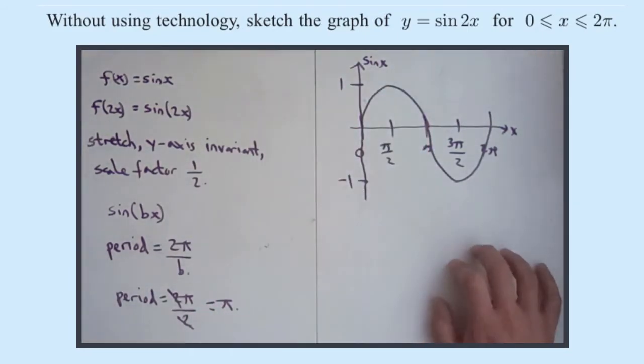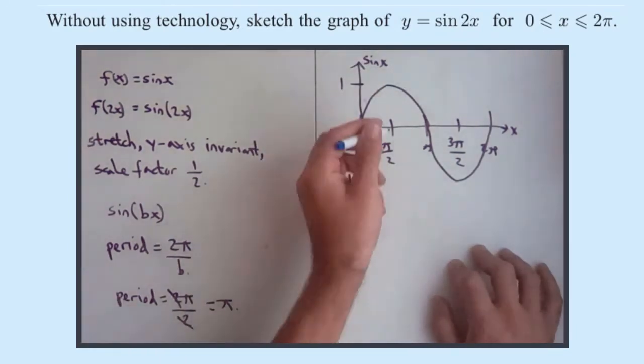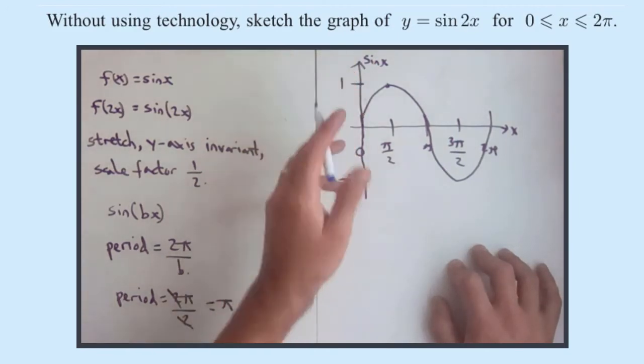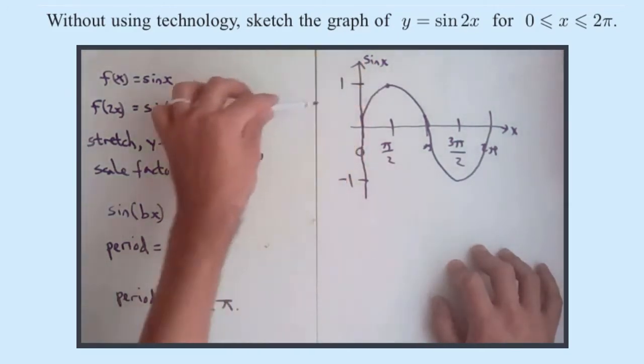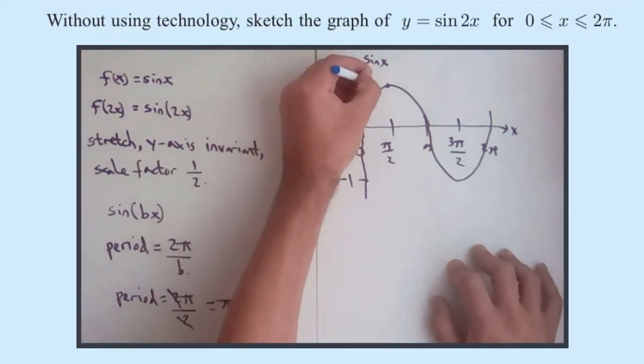If you think about it in terms of the invariant line, if we pick key points, remember we've got a scale factor of 1/2, so this is the invariant line, the y-axis. Say we take this point here, well, that is going to be half as far away along the horizontal line back to the axis. That point is going to be here.